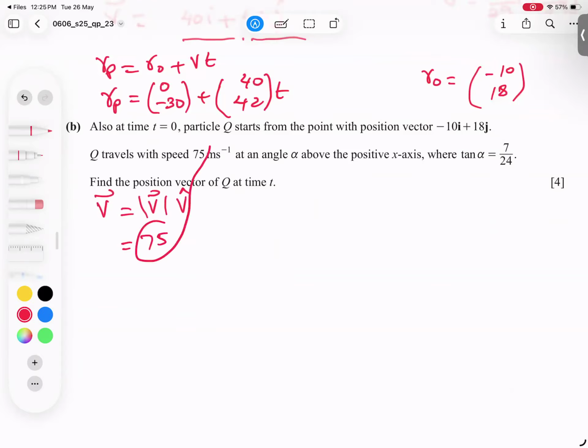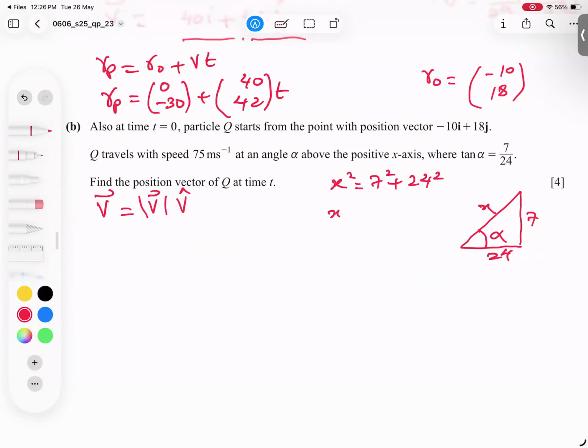Magnitude is 75, you can see clearly, but what is the direction? We can find it directly also. You know tan alpha is 7 over 24, with alpha above the positive x-axis. How do we get this? By Pythagoras theorem.